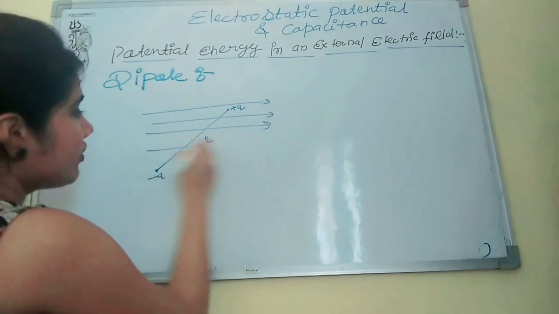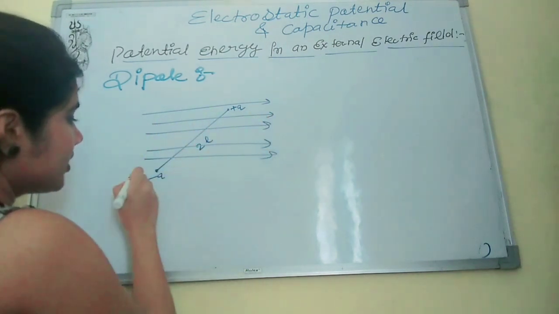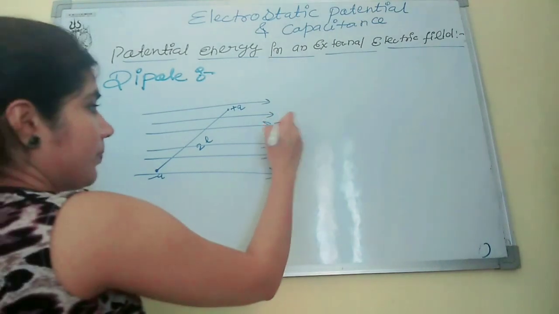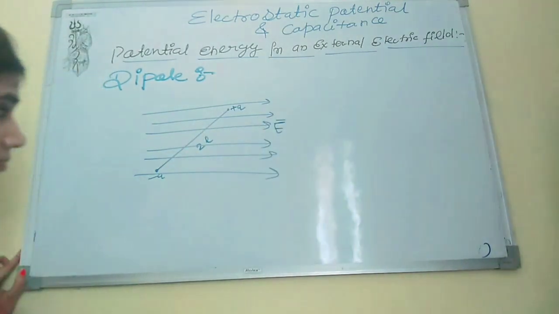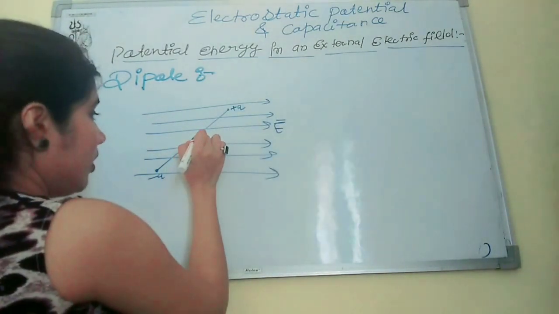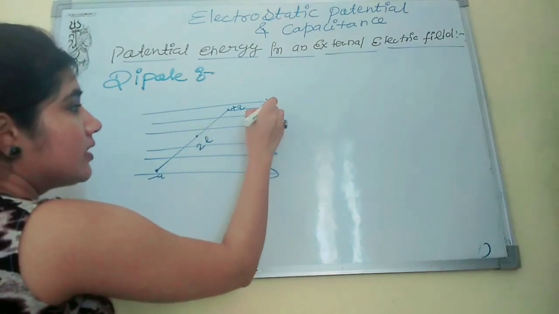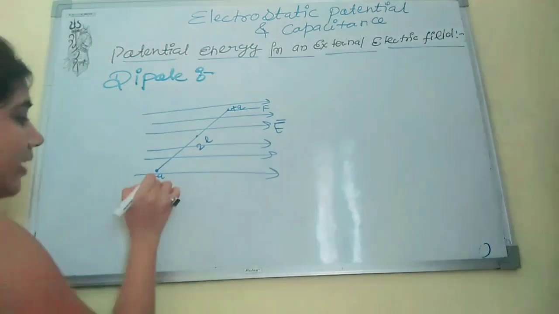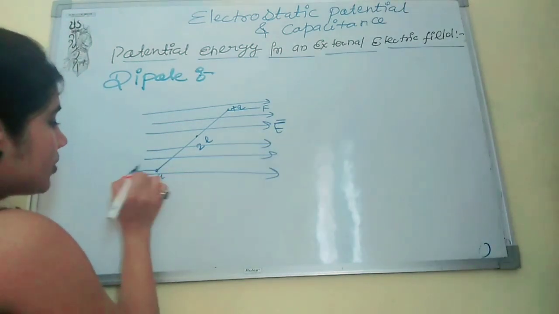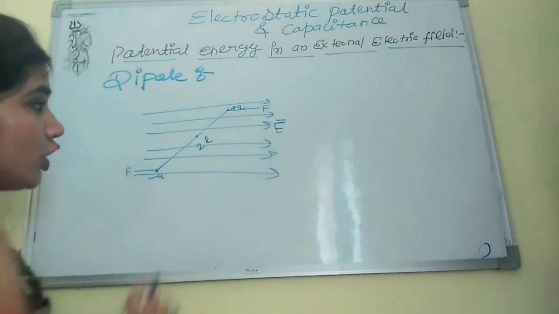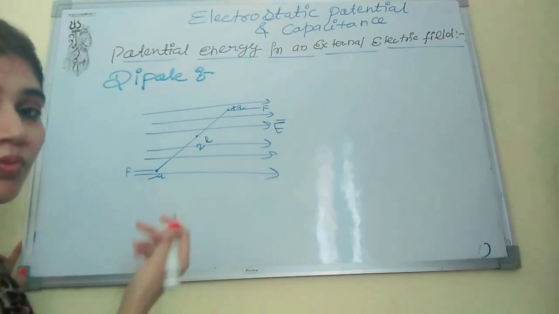This is the direction of the external electric field applied here. Now the force on plus Q will be in this direction, and on minus Q the force will be in the opposite direction.